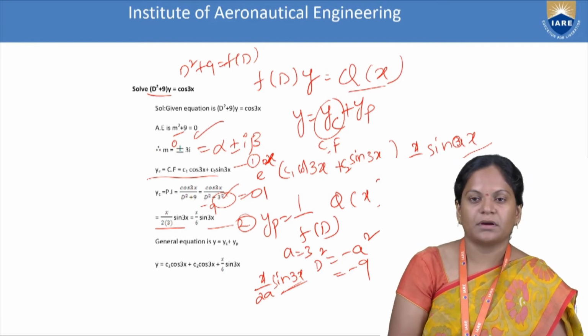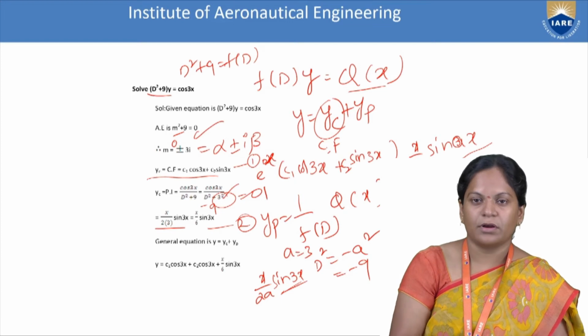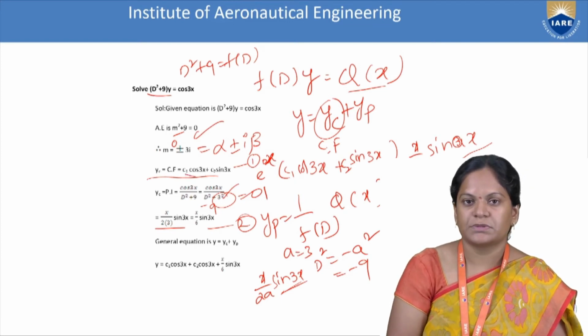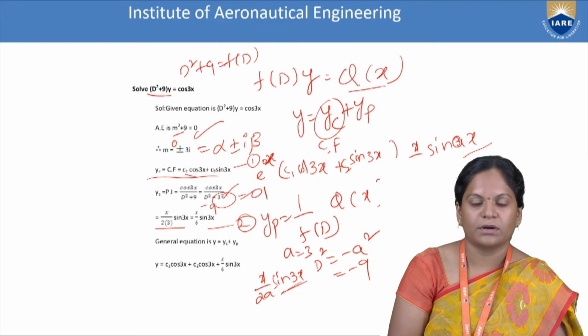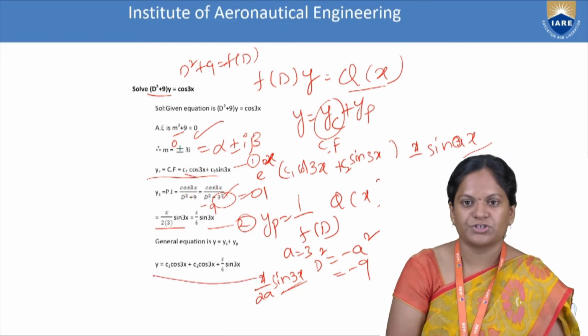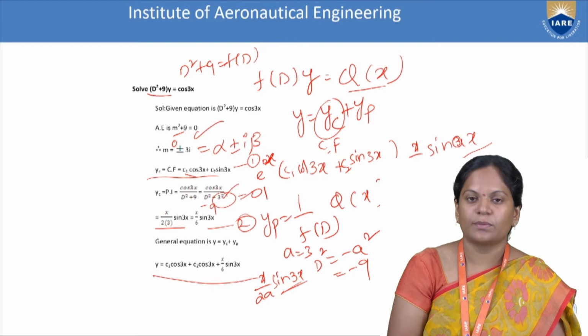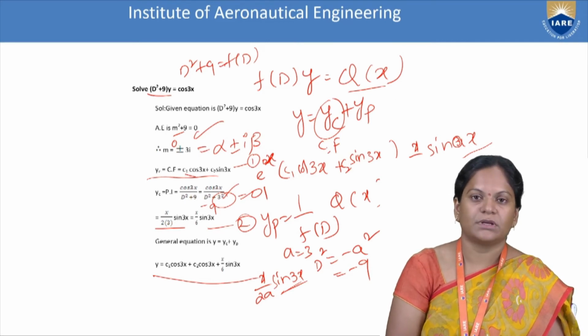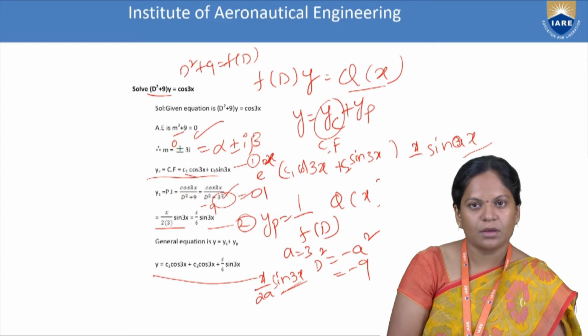So y is yc, which is c1 cos 3x plus c2 sin 3x, plus yp, which is x by 6 sin 3x. The general solution is y equal to c1 cos 3x plus c2 sin 3x plus x by 6 sin 3x, which is the complete solution of the given differential equation.